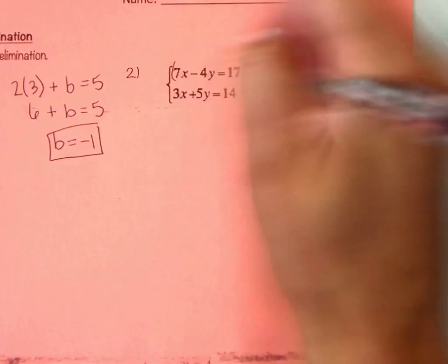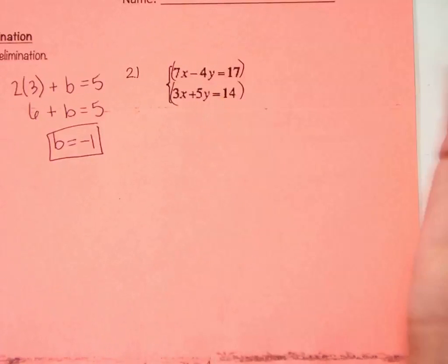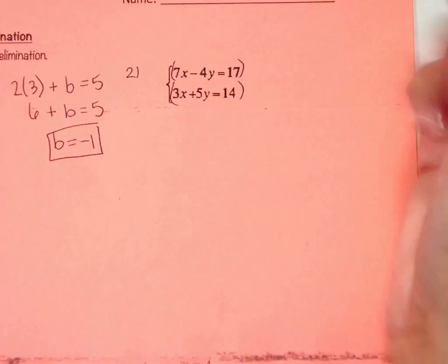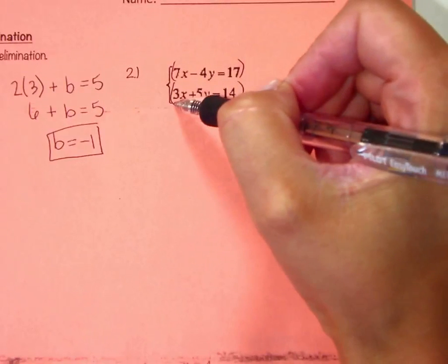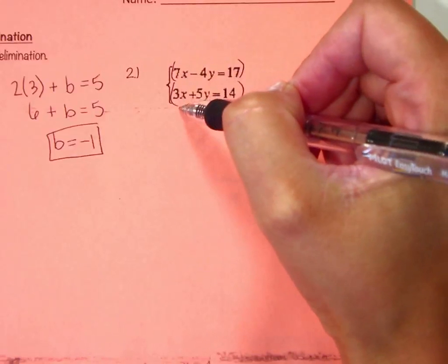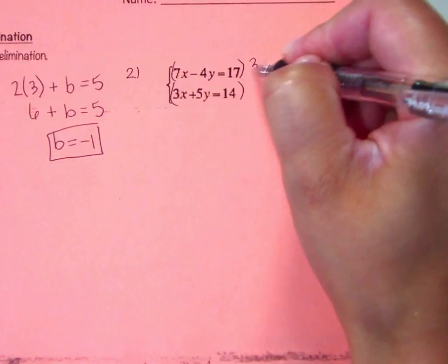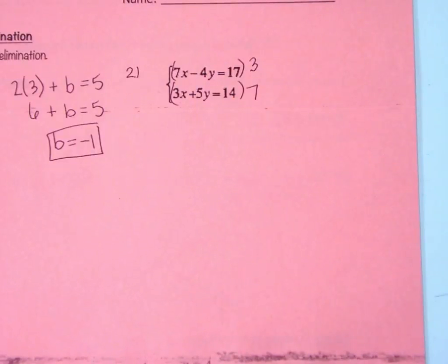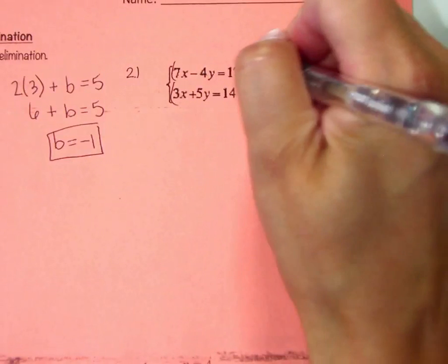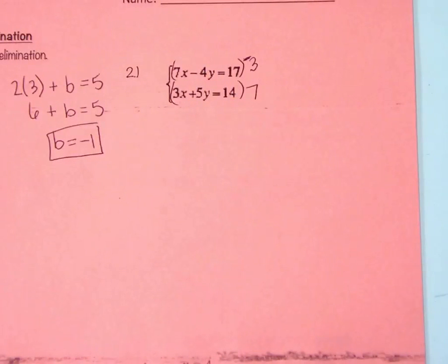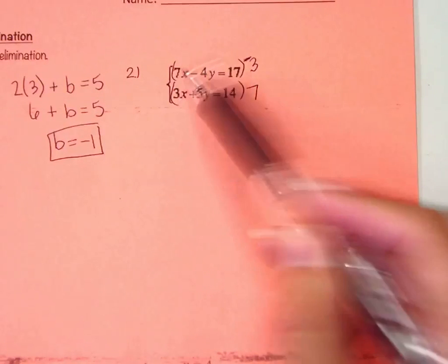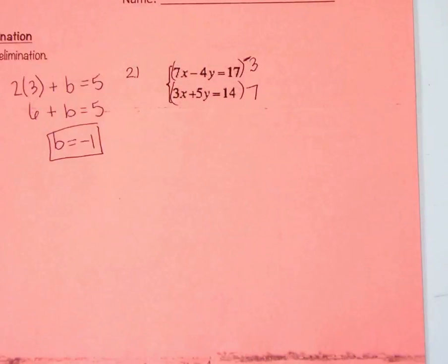The easiest way to figure out what to multiply by, look at your two coefficients. So you have a 7 and a 3 here. Switch those. So multiply the top equation by 3, the bottom by 7, and then make one of them negative. So look at those two leading coefficients, switch them, and make one negative.